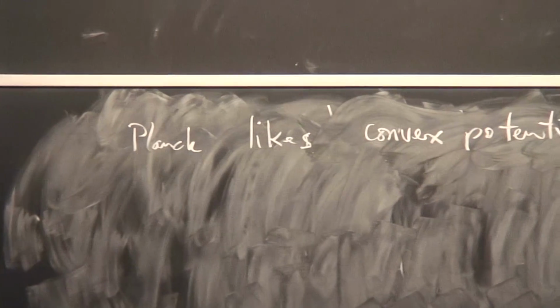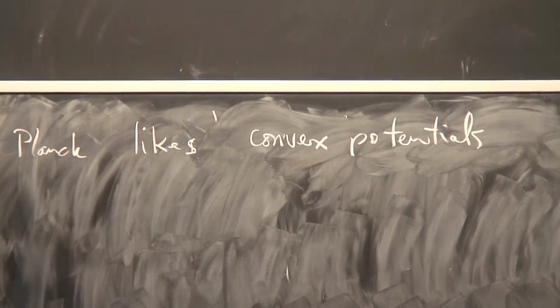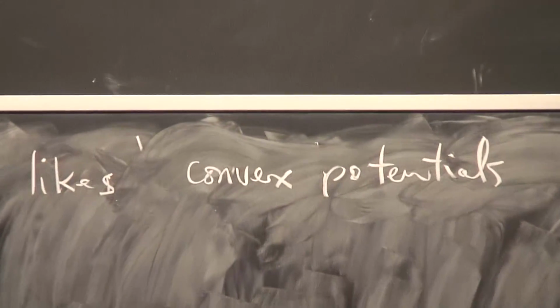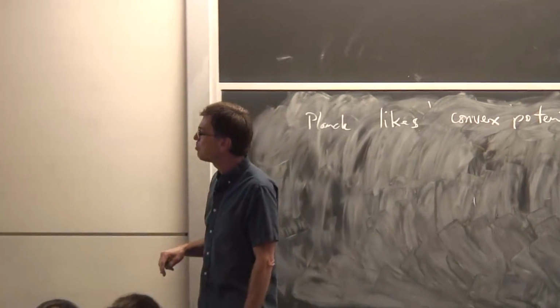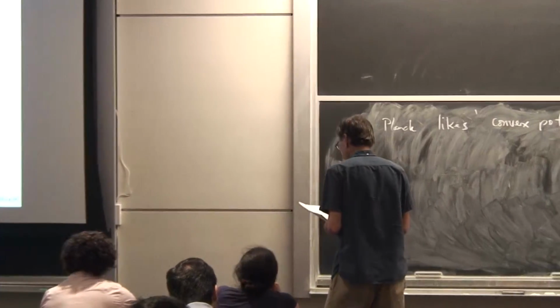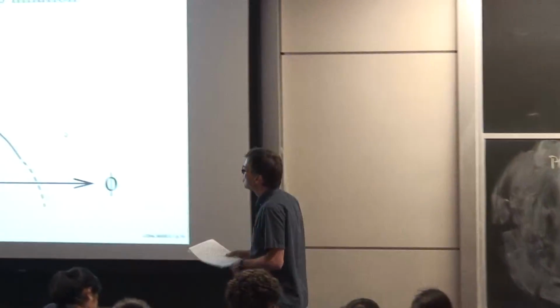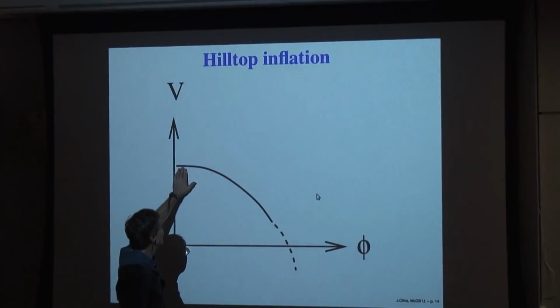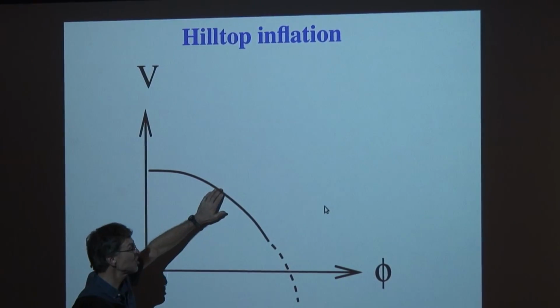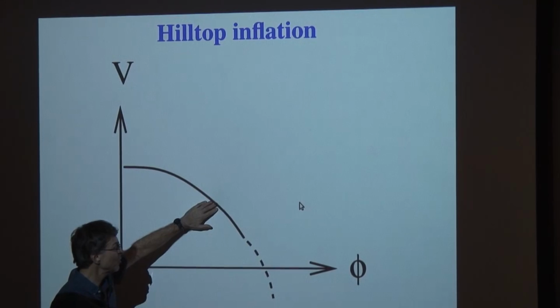Such as this model that's known as hilltop inflation, where you imagine you're starting inflation somewhere near the top of the hill. And so one typically just parameterizes inflation by taking a constant minus phi to some power.